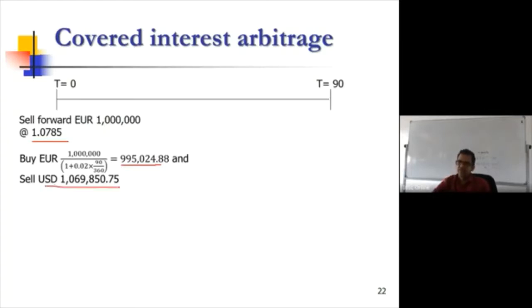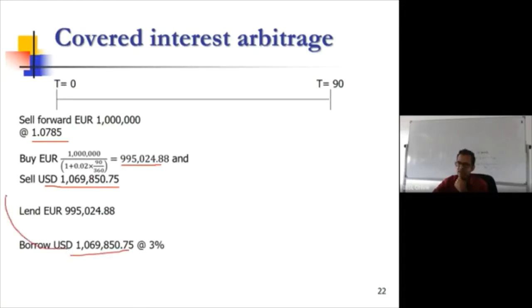To sell dollars, we need dollars. How do we fund that position? We borrow dollars to meet this requirement. And when you sell dollars and buy euro, there's a euro position in your hand. What do you do? You lend that euro.